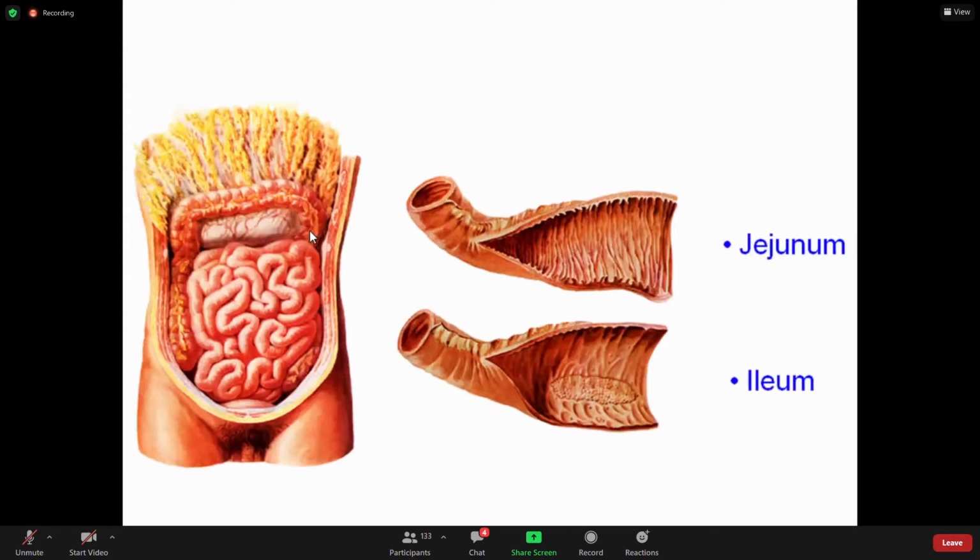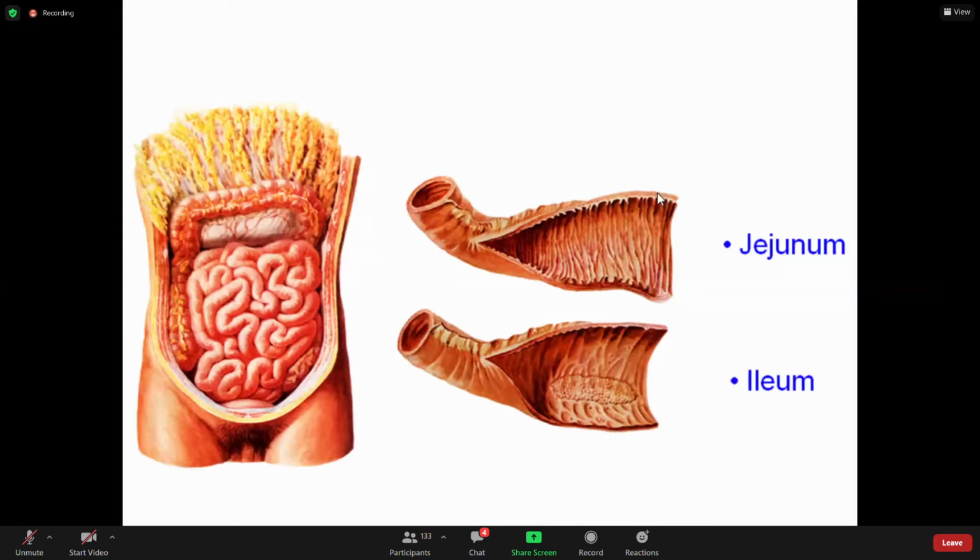We simply unfold this area. This is the greater omentum towards the superior side, so that you can look at the folds of the intestine. The proximal part, your duodenum, is over here, this is the section of the duodenum, and for the description I have kept one picture of the ileum.